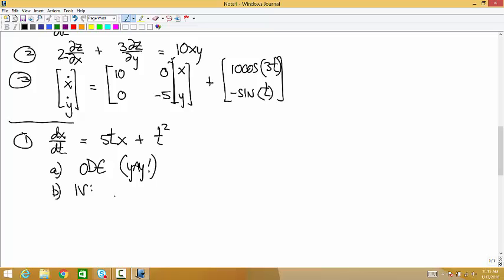So the independent variable is t, and in dynamics, most of the time, maybe all the time, I can't think of any counterexamples right now, t is going to be the independent variable. So t will almost always be the independent variable.